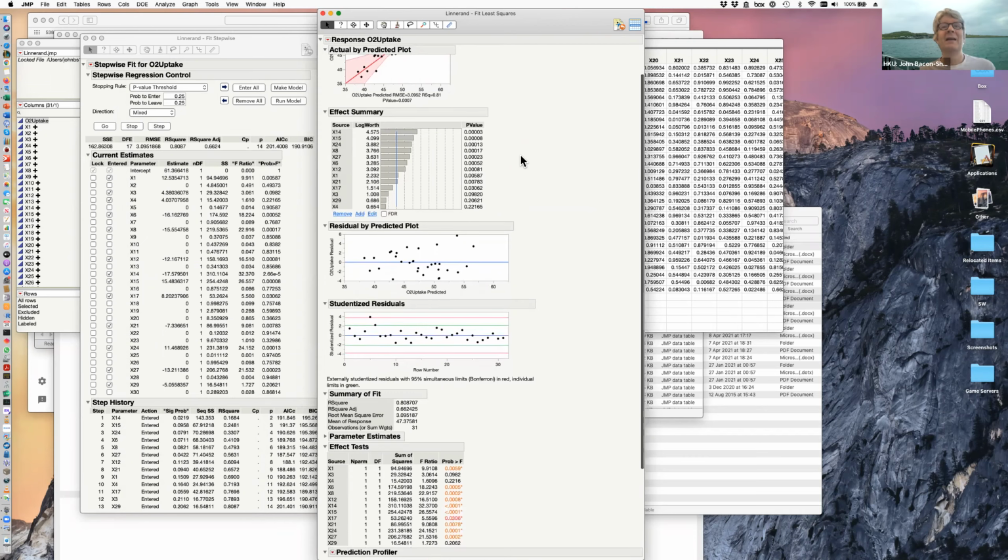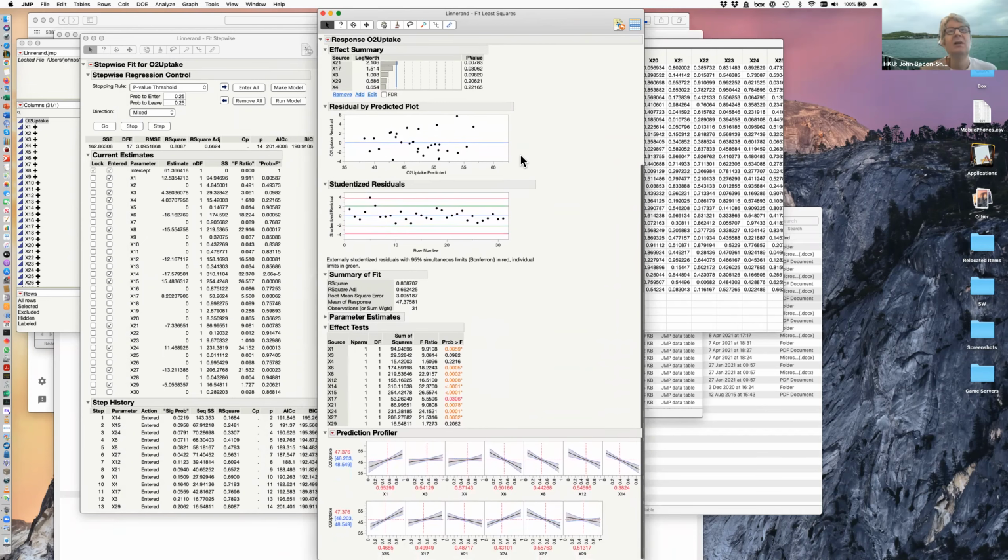If you look at the effect test, that looks a little bit worrying because X3, X4, and X29 in mine are all not significant individually. But you can see I've got at least two variables which are significant at 0.01%. That maybe if I chose the cutoff at 0.1%, you can see there's quite a large number of variables which are significant.